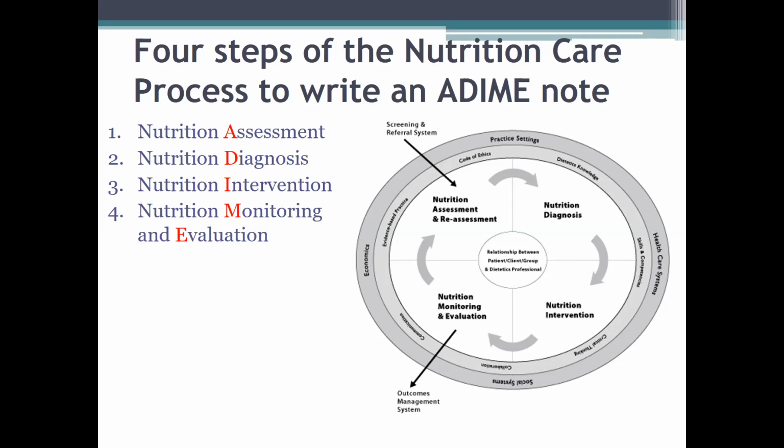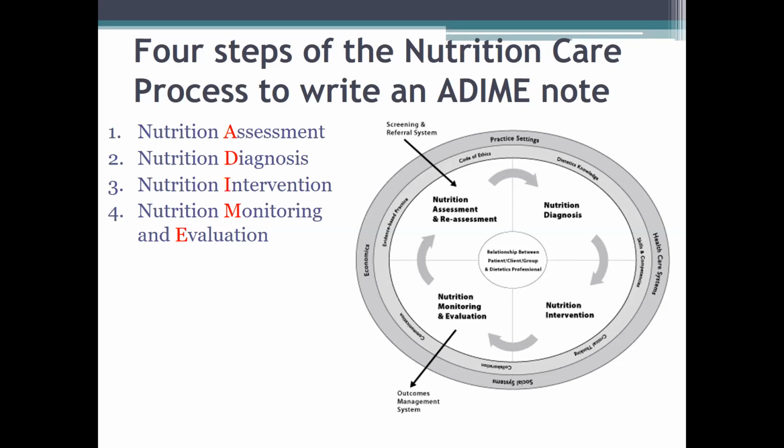So we do that the first time we meet someone, and then if you keep seeing that person over and over again, we're going to reassess. But it always starts with an assessment. You can't solve a problem if you don't understand it. So once we have gathered that data and we've assessed, step number 2 is a diagnosis, specifically a nutrition diagnosis.